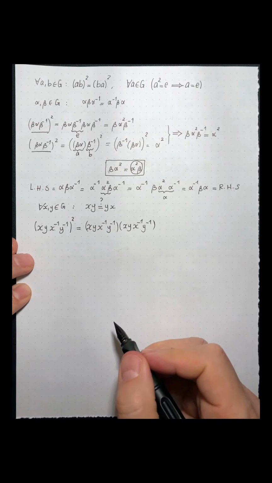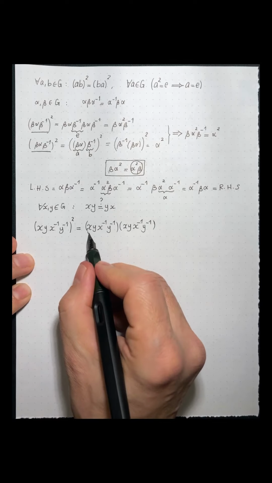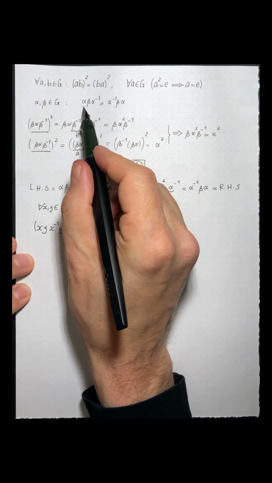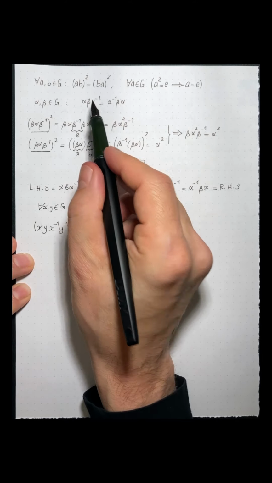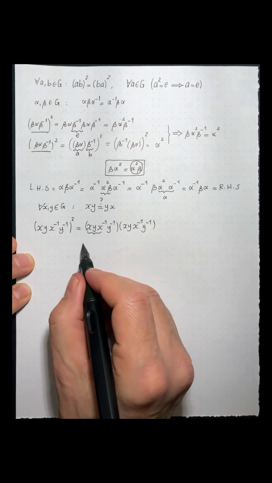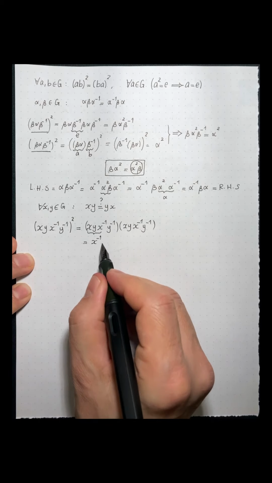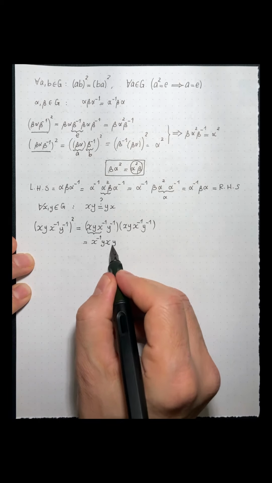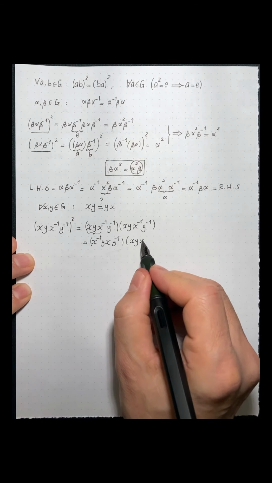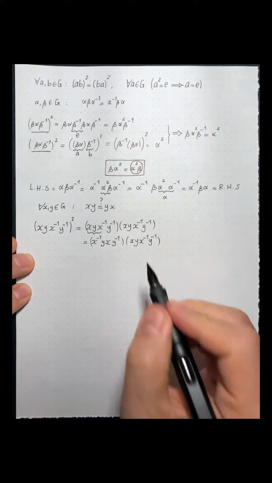But now you see this combination x y x⁻¹ is the same combination as in my claim. So it means that I can replace x with x⁻¹. So this becomes x⁻¹ y x y⁻¹. And I just copy and paste the content of the second pair of brackets.